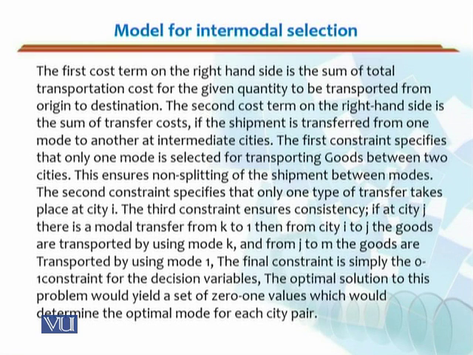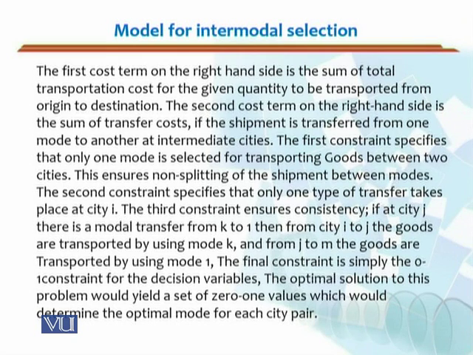Now let us clarify what these constraints actually mean and why these constraints are in place. The first cost term on the right hand side is the sum of total transportation cost.